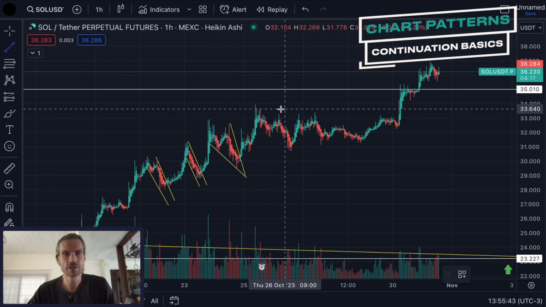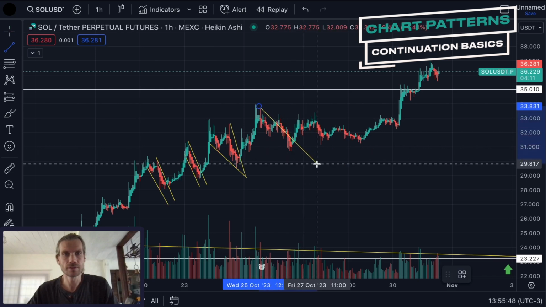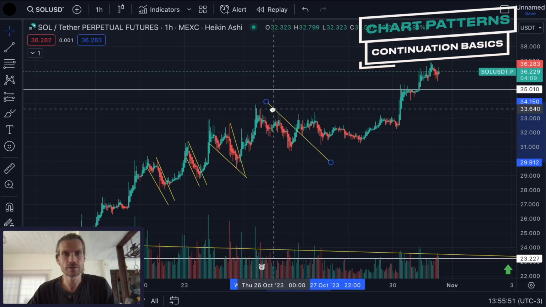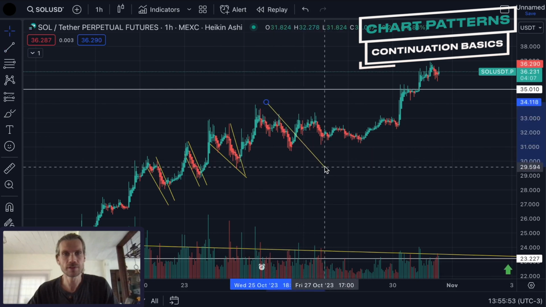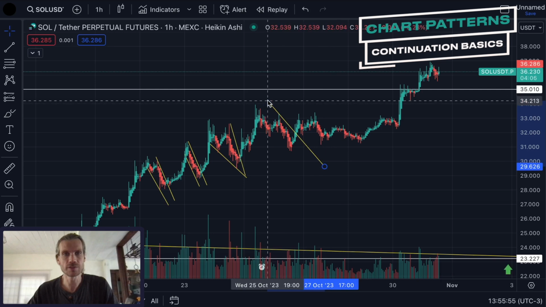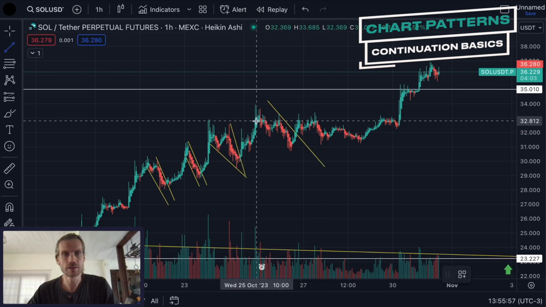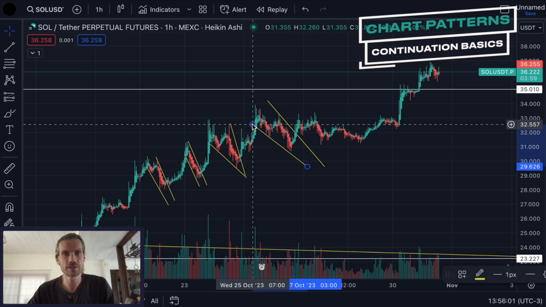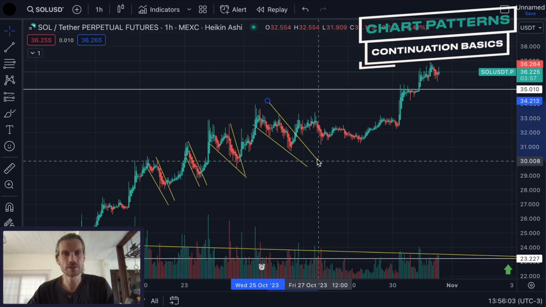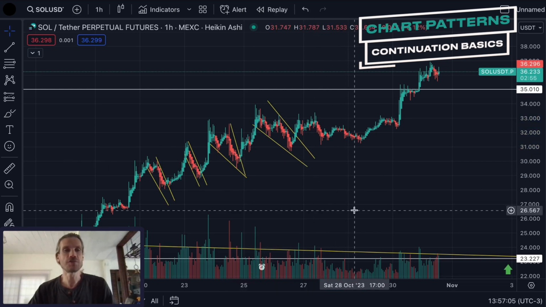Falling wedge, and let's have a look at this, see what we can figure out here. This looks like a more traditional flag. Actually, no, we'll call that a descending wedge. Here we go. So we've identified 4 continuation patterns in this price action.